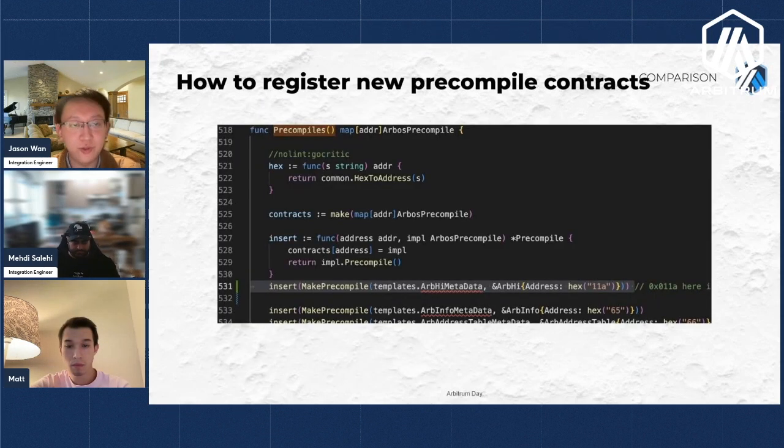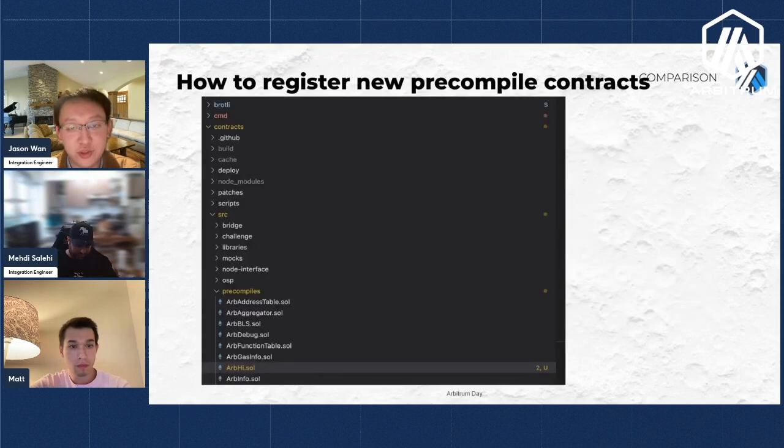When you open that file, you will see there is a function named precompiles, and you need to add a line where it says to insert your new precompiles here. After this, you can finally register your precompile.